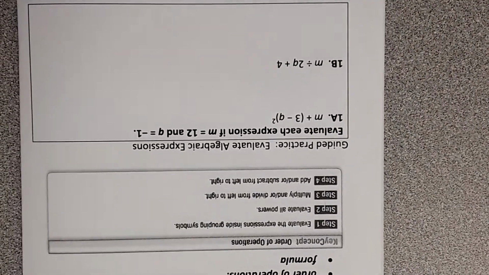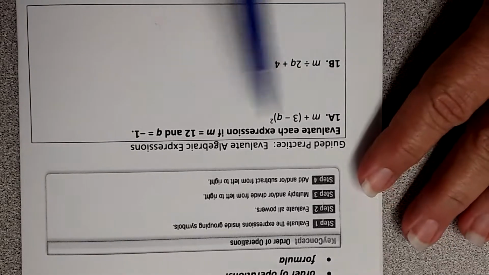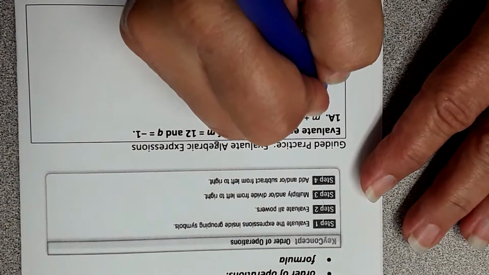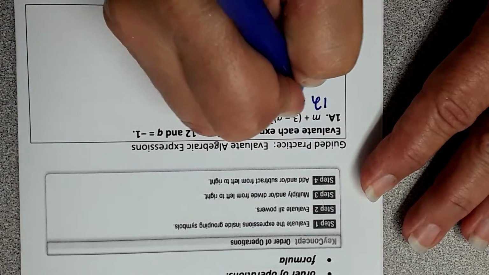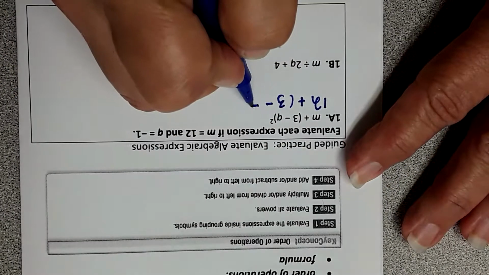Okay, so let's do example 1A. Now, wherever we see an M, we're going to put a 12. Wherever we see a Q, we're going to put a -1. So, M is 12, so I'm going to put 12 right here. 3 minus -1.